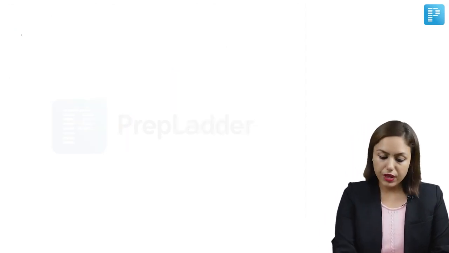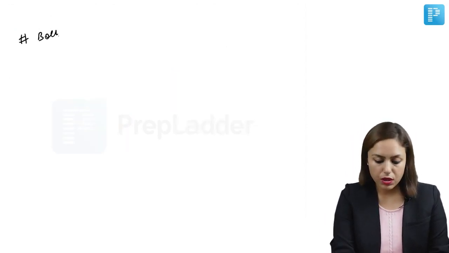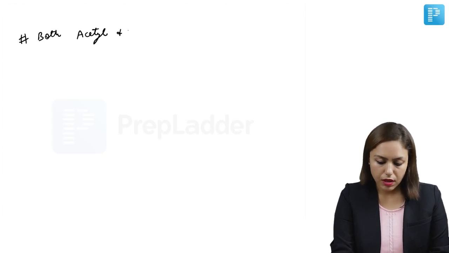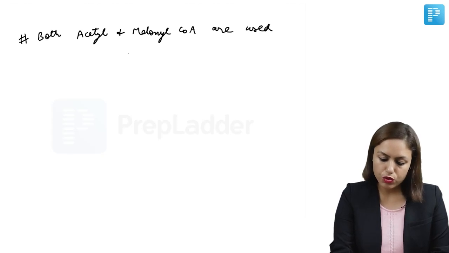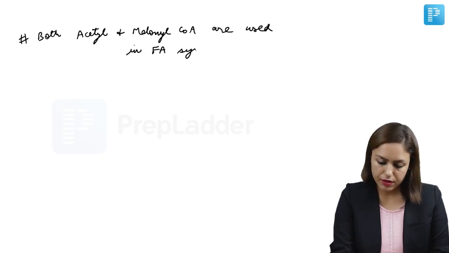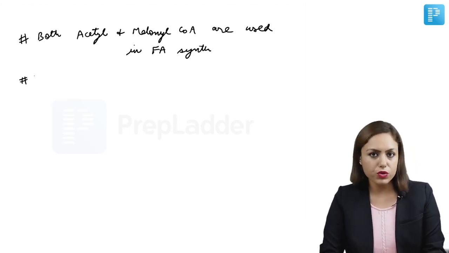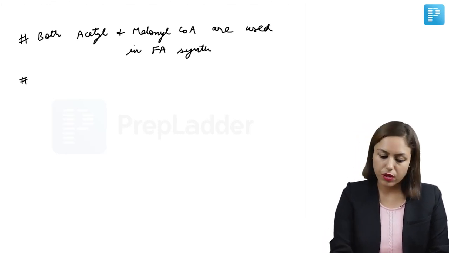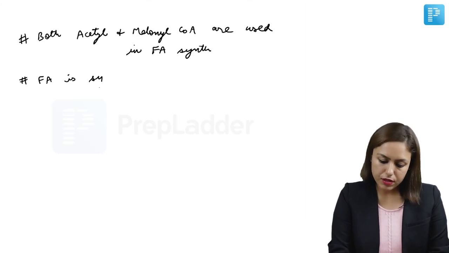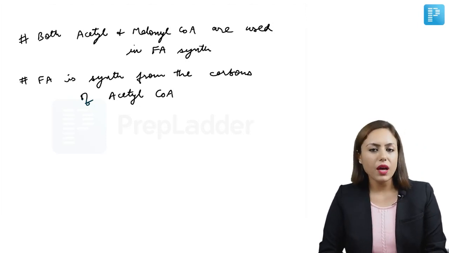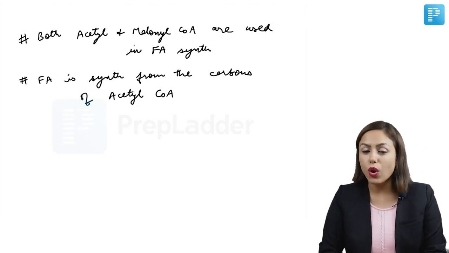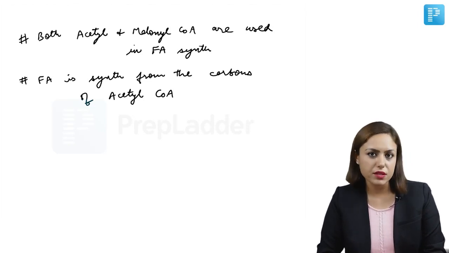Okay, so we can say that both acetyl and malonyl-CoA are used in fatty acid synthesis. Okay, both will be used, but the carbons are coming from acetyl-CoA, because the extra carbon of malonyl-CoA is not getting added into the fatty acid.